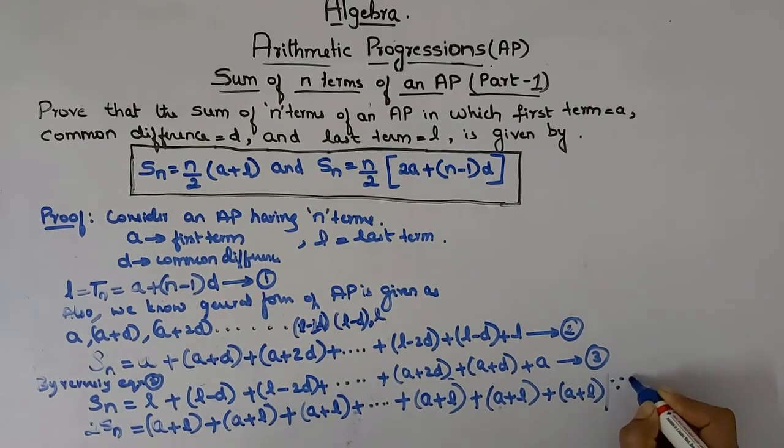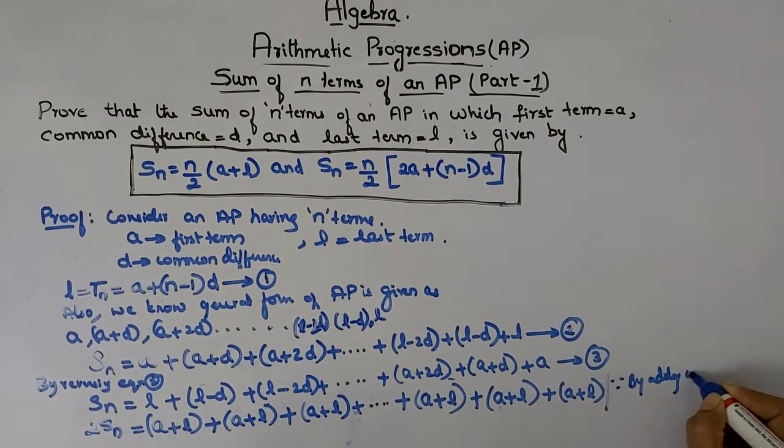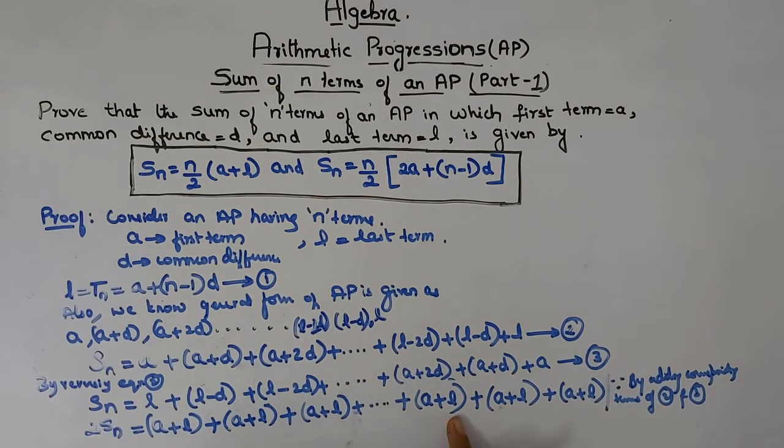So now we have 2Sn is equal to (a plus l), (a plus l), (a plus l) and so on. How many times? n times.